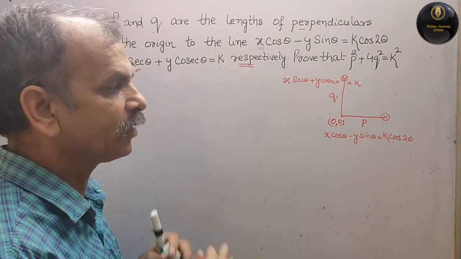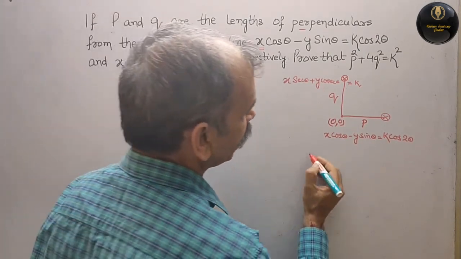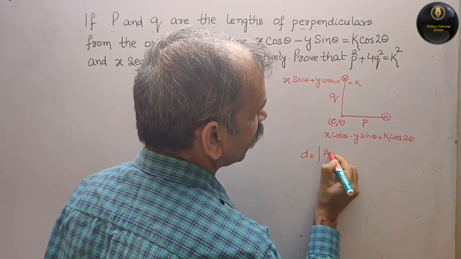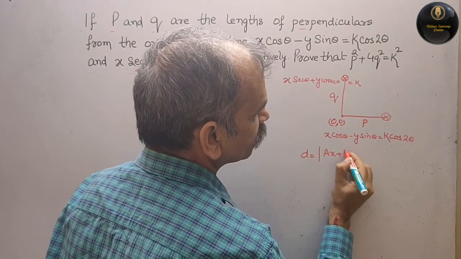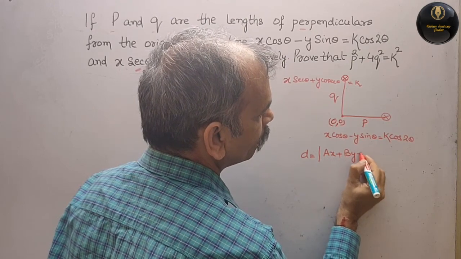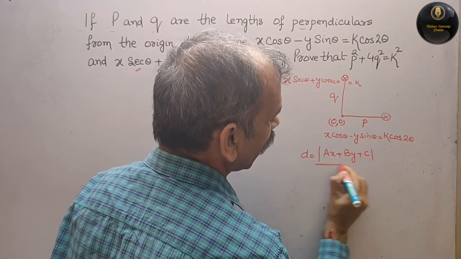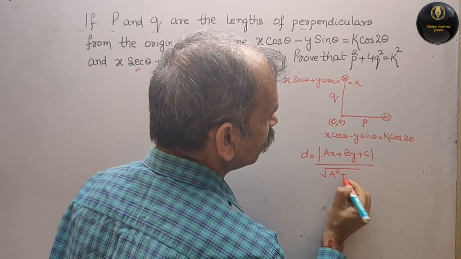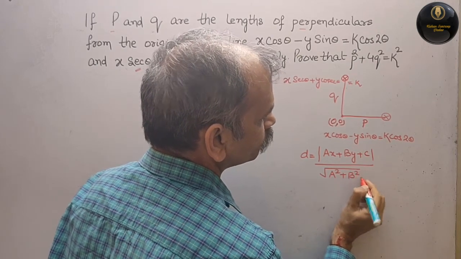What is that? We will write D is equal to modulus of AX plus BY plus C by root over A square plus B square.